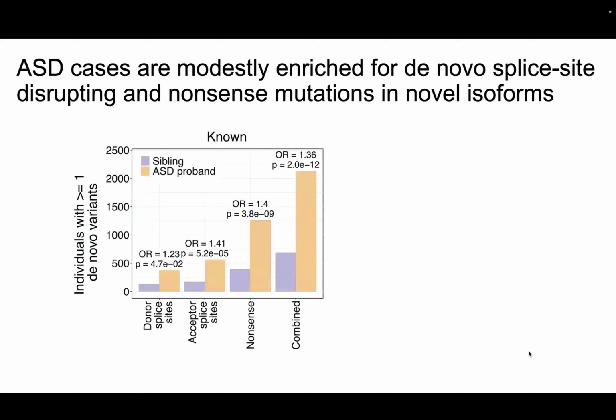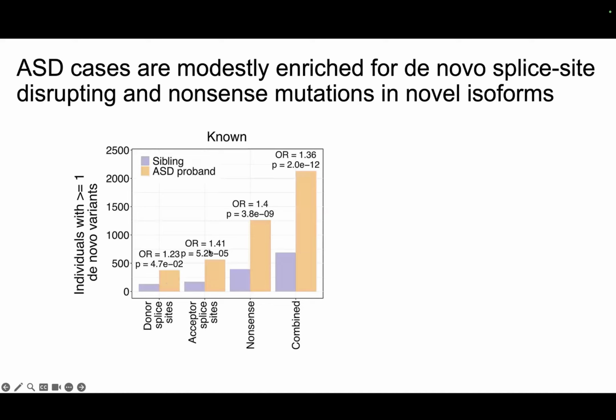So again, looking first at mutations that are impacting known isoforms, we basically see the expected results. We see an enrichment of individuals who have de novo variants impacting known isoforms in individuals with ASD compared to their unaffected siblings who don't have ASD.